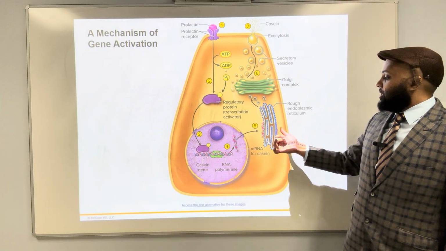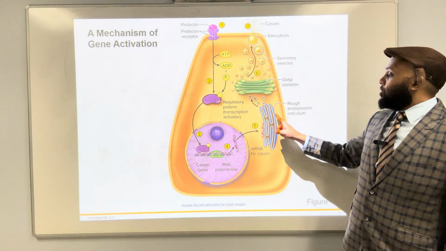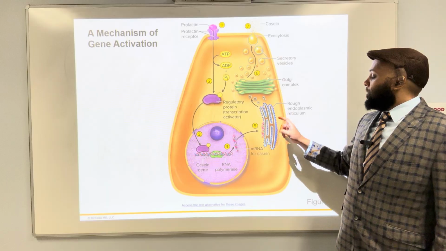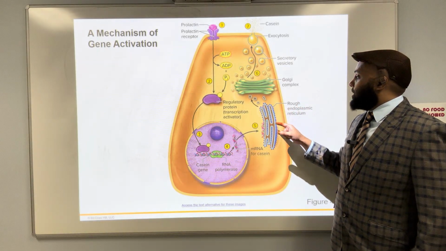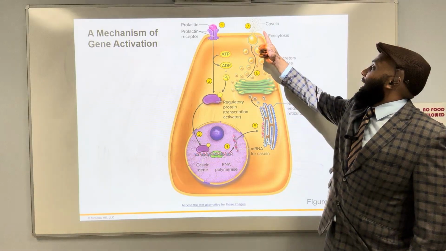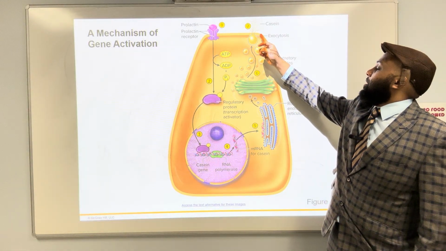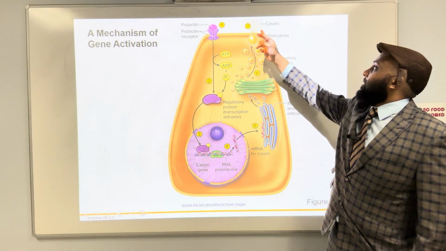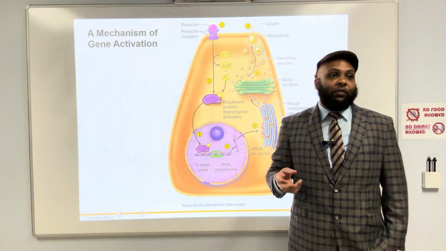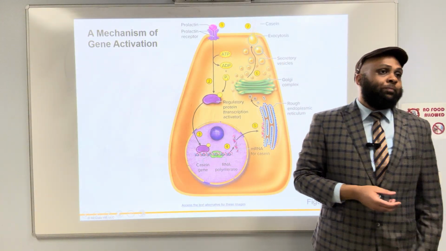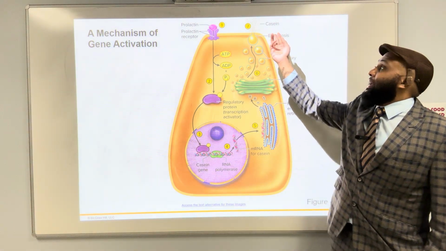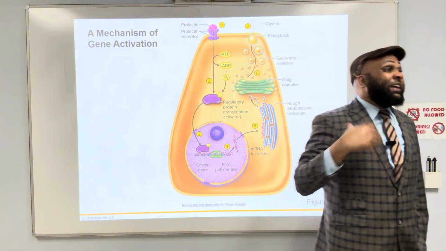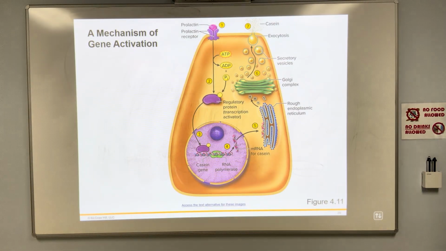Then the casein mRNA is going to be translated by the ribosomes that are on the rough endoplasmic reticulum, and the protein will be sent out to the outside of the cell. This is an example of how rough endoplasmic reticulum bound ribosomes make proteins to be used outside of the cell, like casein. Casein is part of the milk in the milk duct to make the milk for the baby.